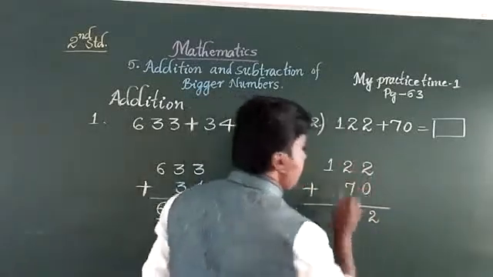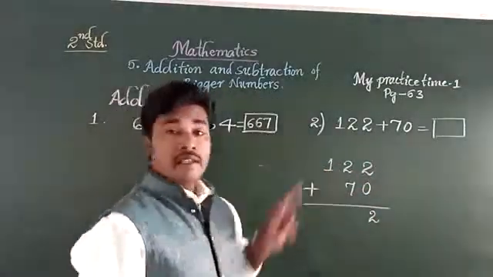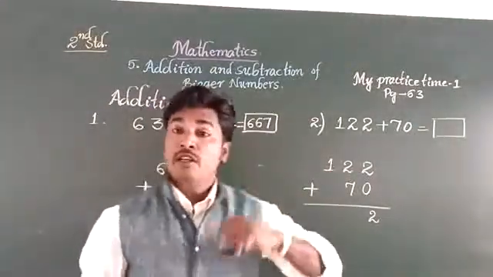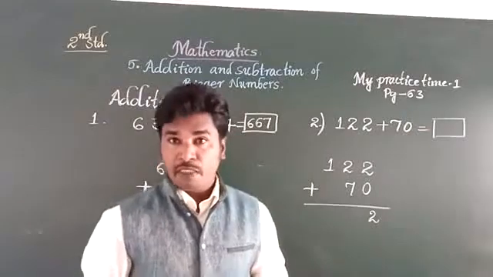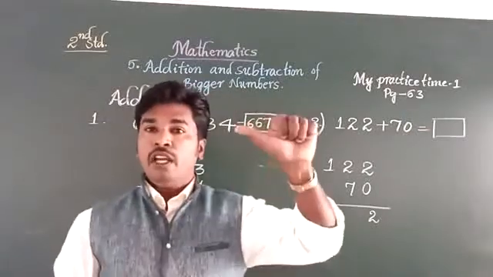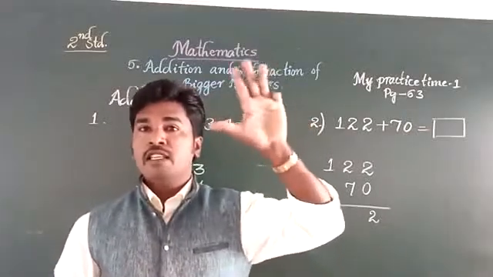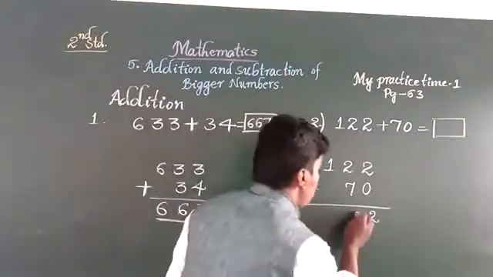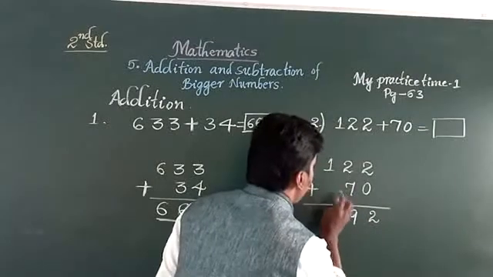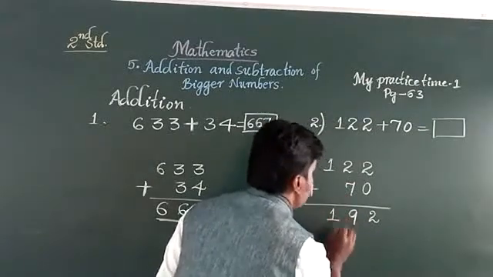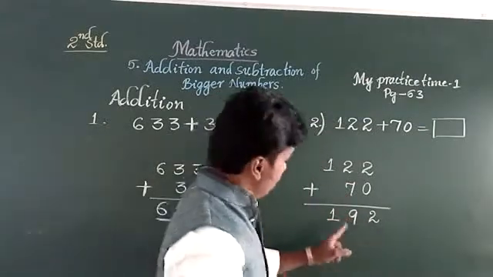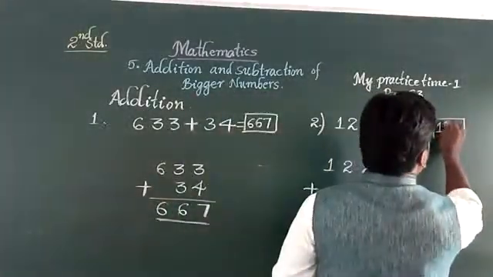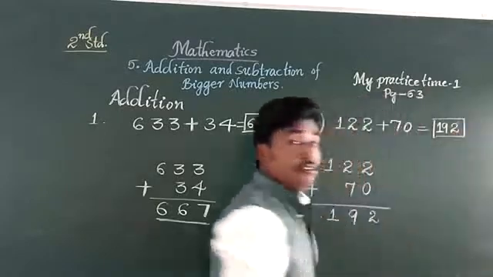Then 2 plus 1 is 3 is not needed here; the hundreds place has no number to add, so write the number as it is. What is the answer you got? It is 139.